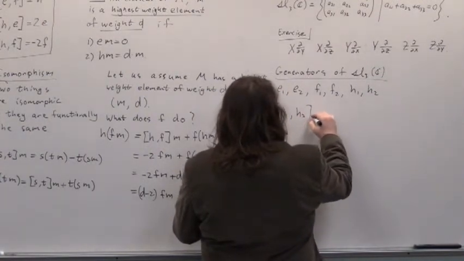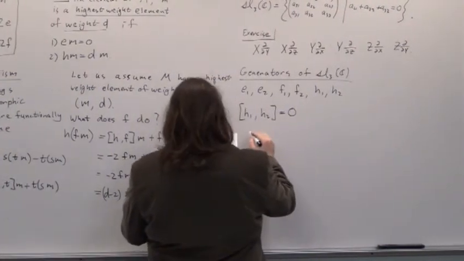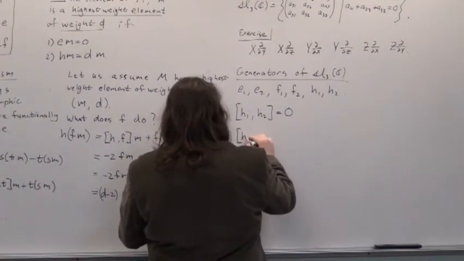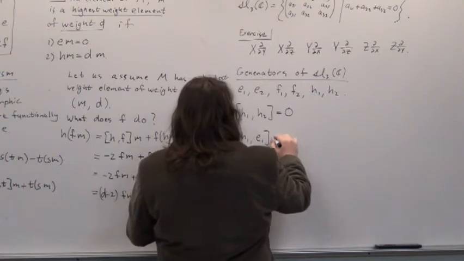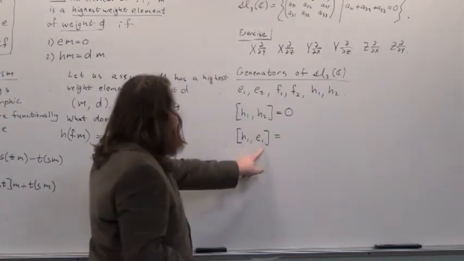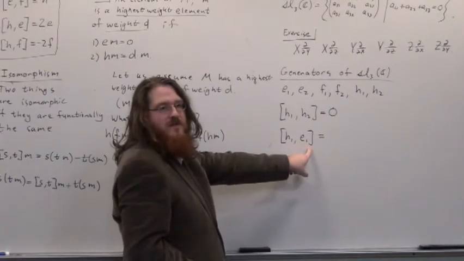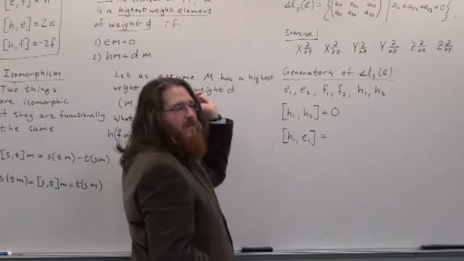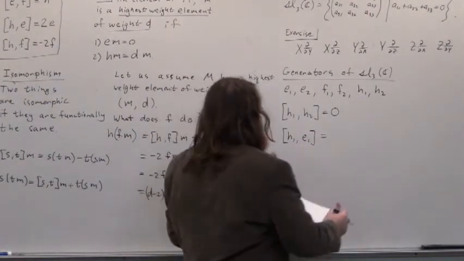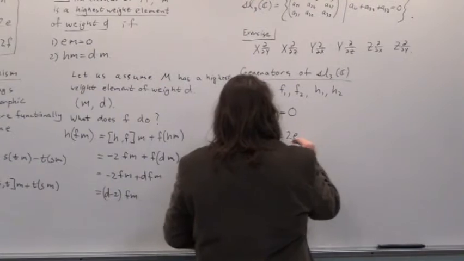H1 bracketed with H2 is 0. H1 on E1: well, it turns out if the 2 lower indices match, in other words, if it's both sub 1 or both sub 2, it behaves exactly like SL2. So this is 2 times E1.